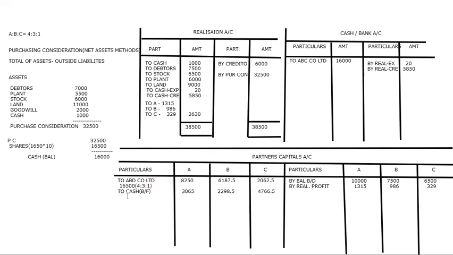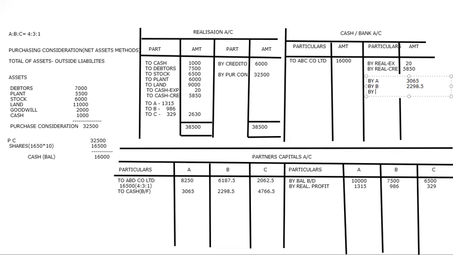Now here I have written to cash. Now these two cash I have to post here in the cash book. So first posting is on the debit side. So second posting will be on the credit side. So from whose account I'm taking it? From the partners. So by A, his amount is 3065. Next, by B, his amount is 2298.5.